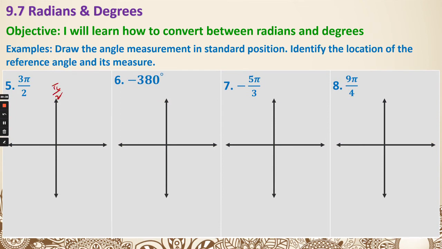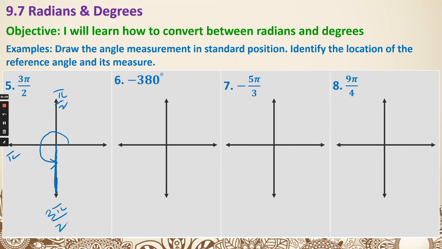That's pi/2, and that's pi, and that's 3 pi/2. So if you look at this, the angle we actually need is right here on this direction of the axis. So this is the angle that we need. But I still need it to be in the first quadrant because my reference angle cannot be more than 90 degrees.